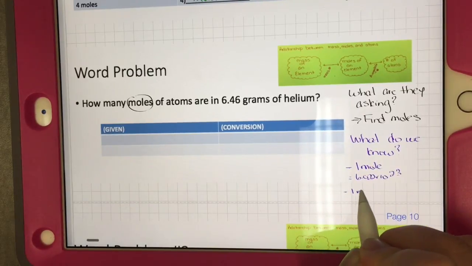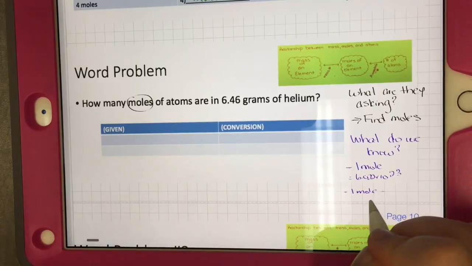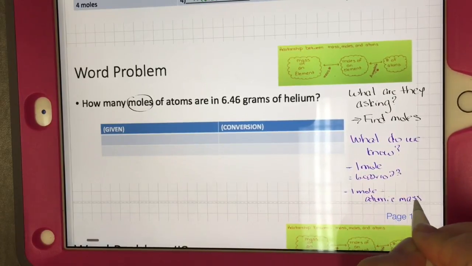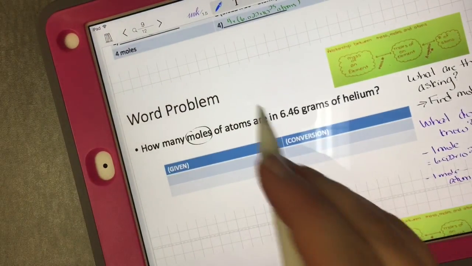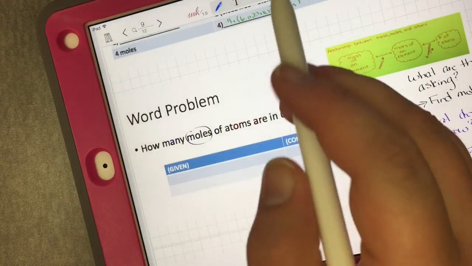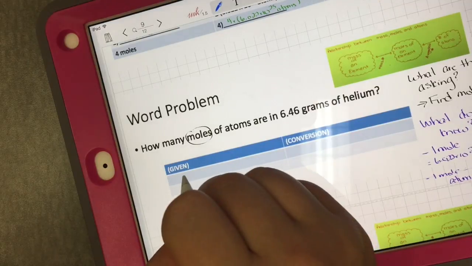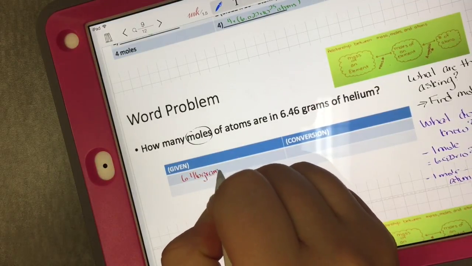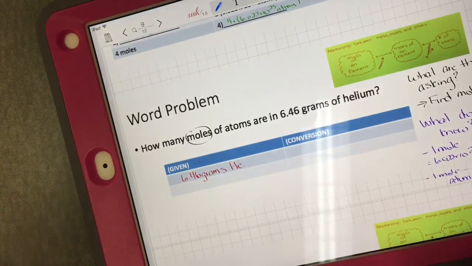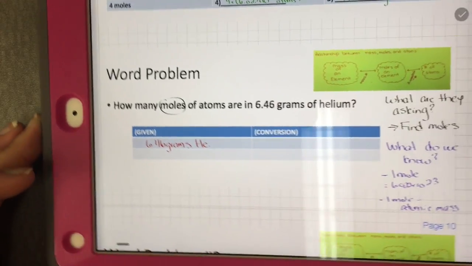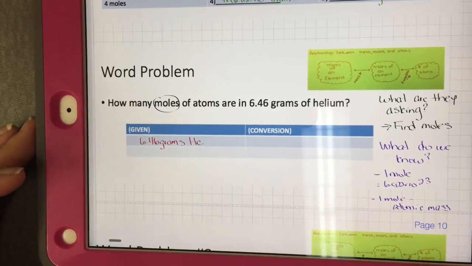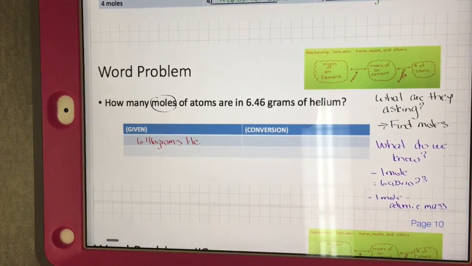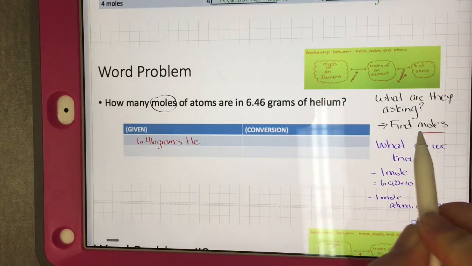And we also know 1 mole is equal to the atomic mass of the element found in the periodic table. And so we're given 6.46 grams of helium, and we need to convert to moles.